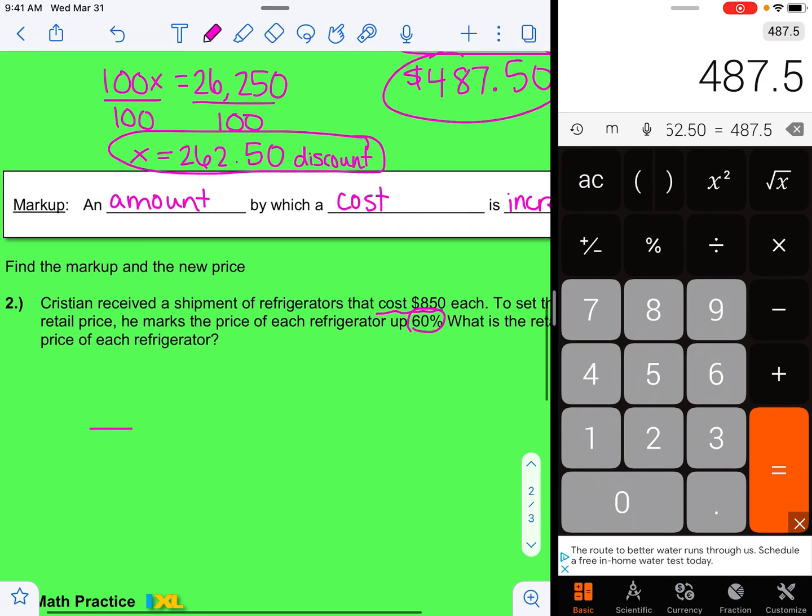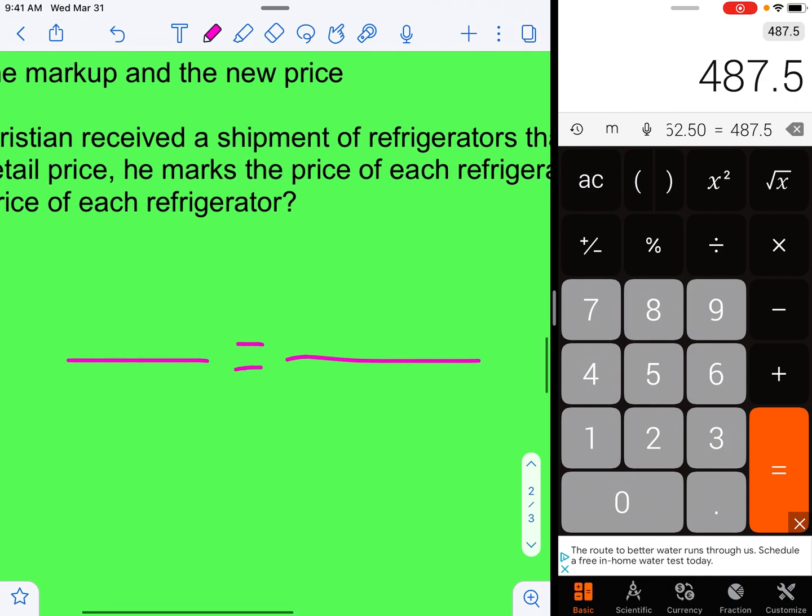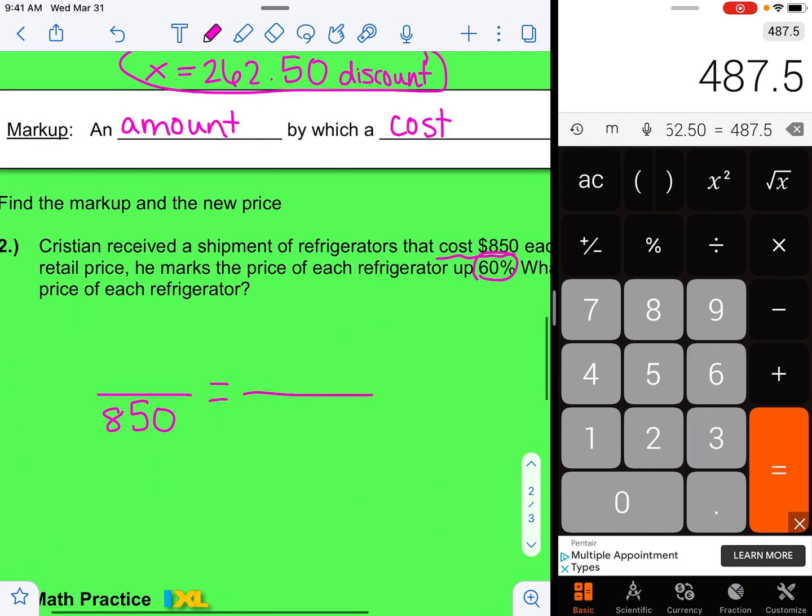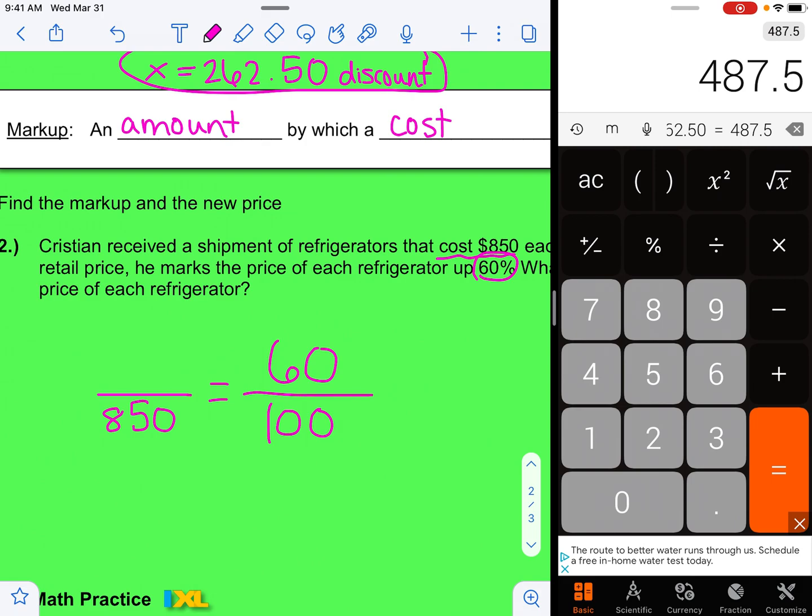Let's go ahead and set up our proportions. Our original amount is $850, so remember that goes on the bottom. Then we know that the percent is 60, so that goes over on the right, and our denominator is always 100. We're trying to figure out how much he's marking this refrigerator up for.